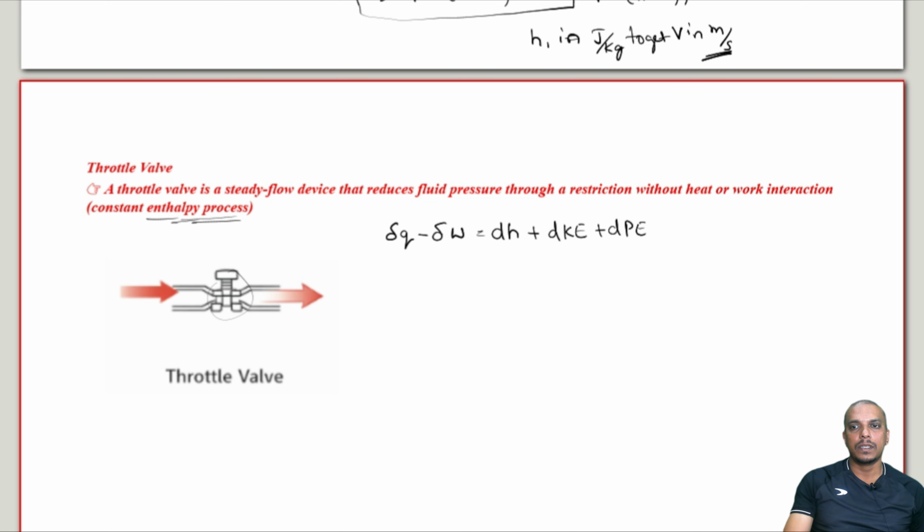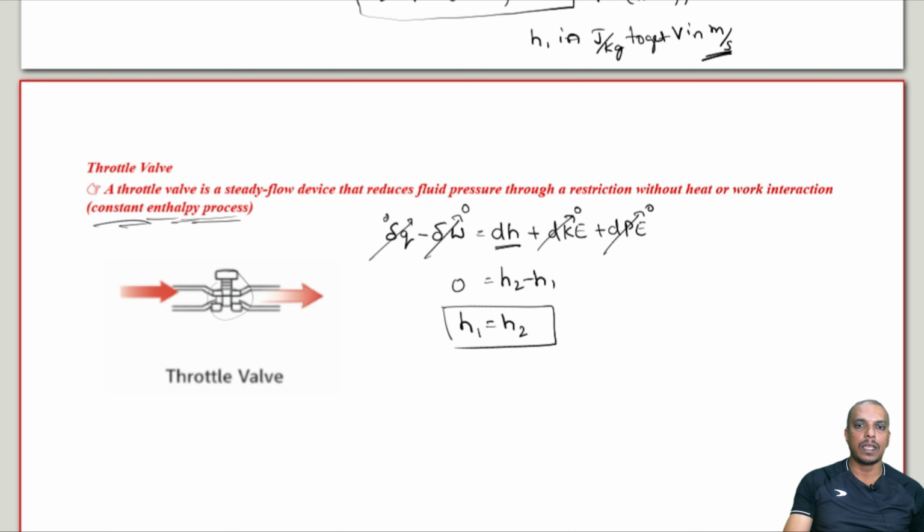A throttling valve is a device where pressure is reduced, that is it. So, Q is equal to 0, there is no work transfer in this device, there is no significant kinetic energy change, there is no change in potential energy, all you will remain with is change in enthalpy. So, H2 minus H1 is equal to 0, or you can say that H1 is equal to H2. That is what we said, it is a constant enthalpy process. Enthalpy remains constant for a throttling process.